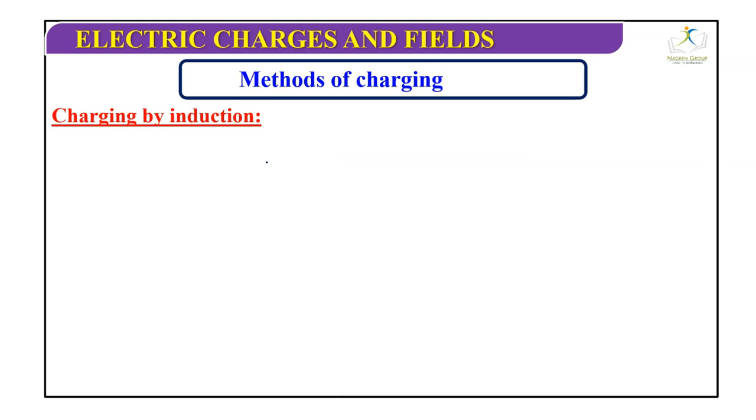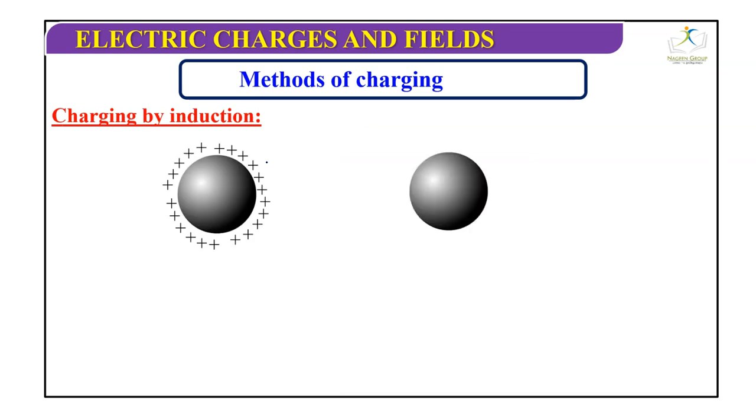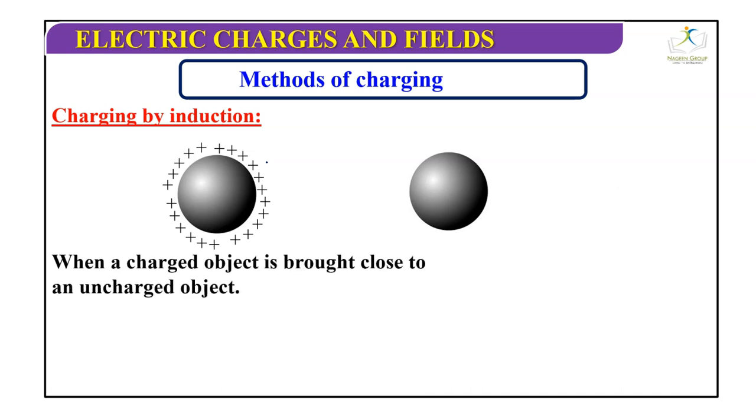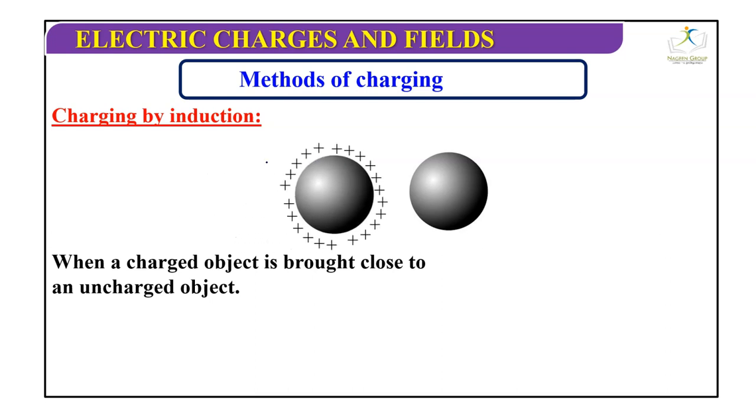Now charging by induction. If we take two metal balls, one is charged and the other is not charged. When they are brought closer to each other, what will happen? The neutral body is neutral because it has a number of positive charges equal to the number of negative charges.